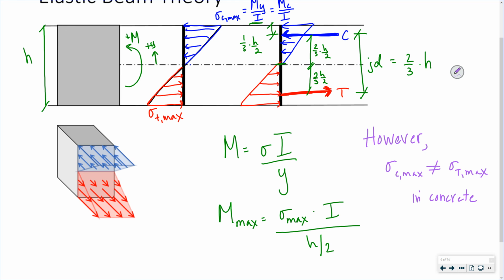So the maximum moment that my cross section can hold, if it's just pure concrete, no reinforcement, will be limited by my tensile strength of concrete. It'll fail in tension, and compression up at the top is just hanging out like I can do this all day, right? So that's why we have to add in our tensile reinforcement.